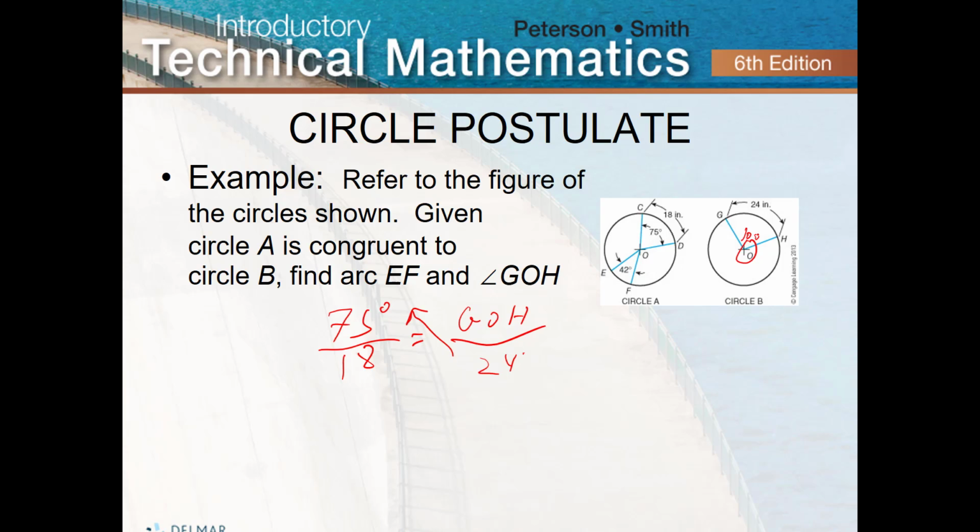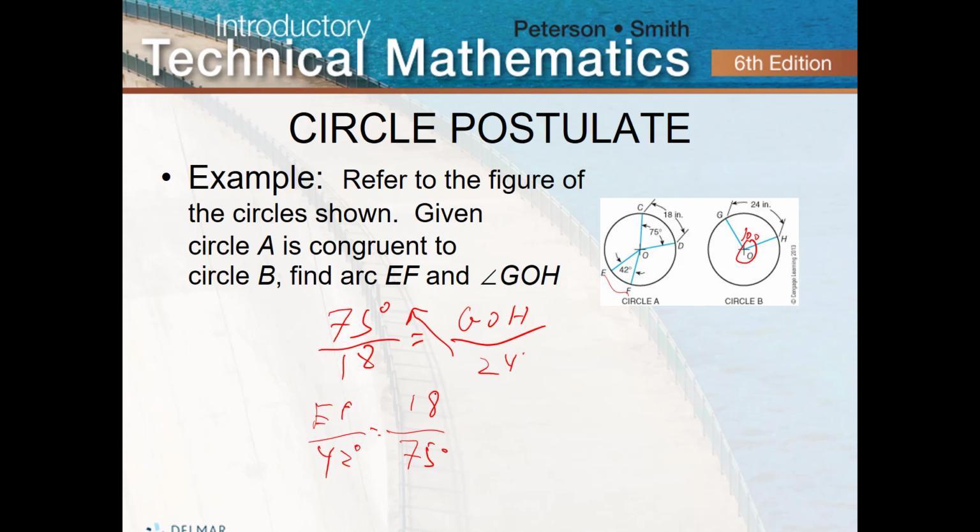Okay. Now it wants to know E and F. It wants to know what this is right here. Well, check it out. We're looking for EF, so we have EF over 42 degrees is equal to 18 over 75 degrees, because that's known.